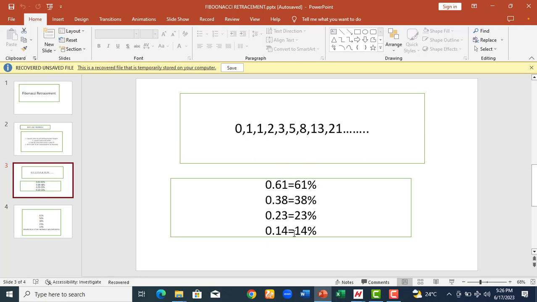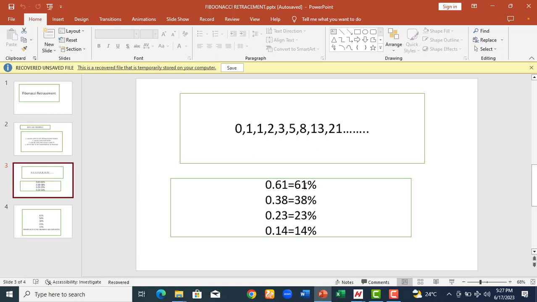So how did you arrive at these numbers? If you are with your calculators or with your smartphones or whatever you are with, now help me with this. Do your 13 divided by 21. It's going to give you 0.61.